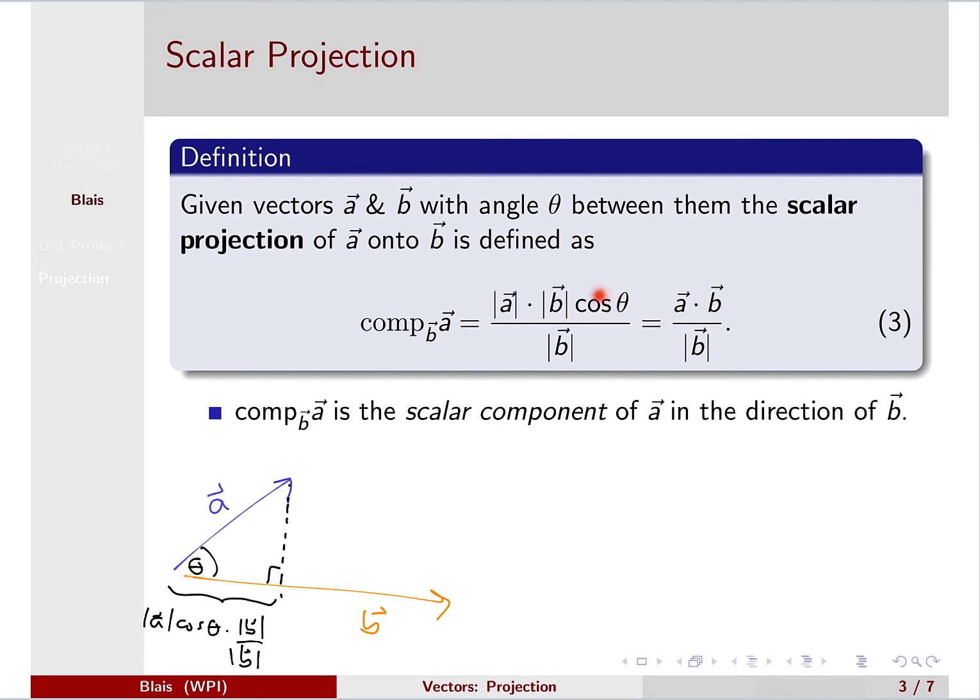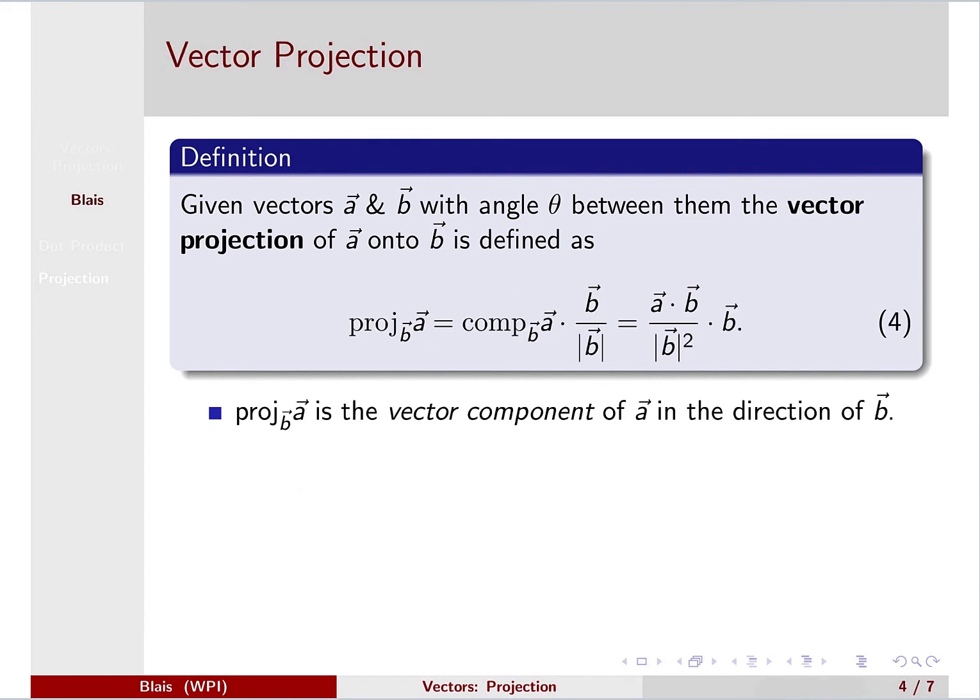But now recognize that the numerator of that expression is the dot product of A and B. So we can write that scalar component of A in the direction of B as the dot product of A and B divided by the magnitude of B. So again, this is the magnitude of the projection of A onto B. And this will make more sense when we talk about the vector projection of A onto B.